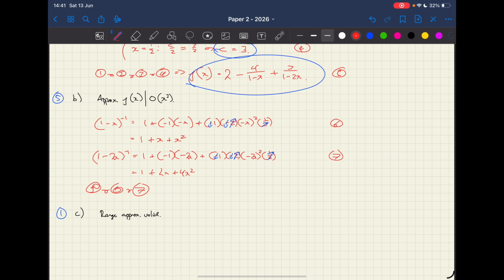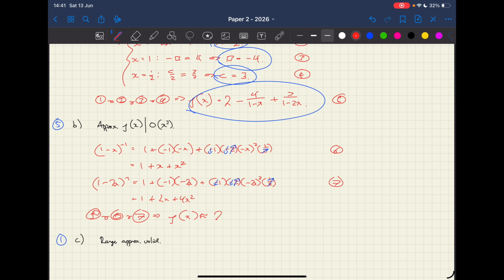We're going to have the f of x is approximately these bits added together. So 2 minus 4 times the thing we found on the top row, 1 plus x squared. And then we're going to add on 3 times the second row, 1 plus the 2x plus the 4x squared.